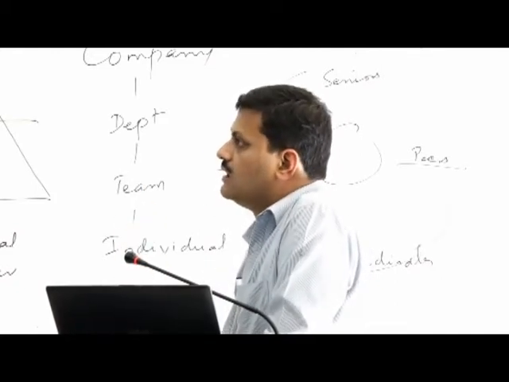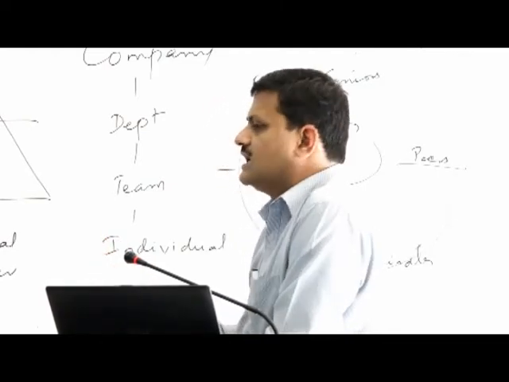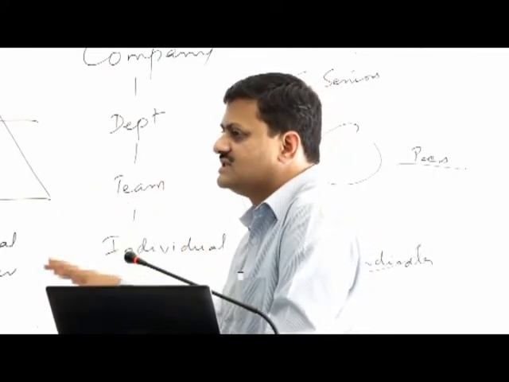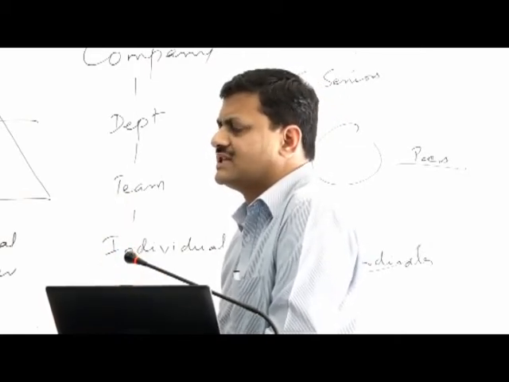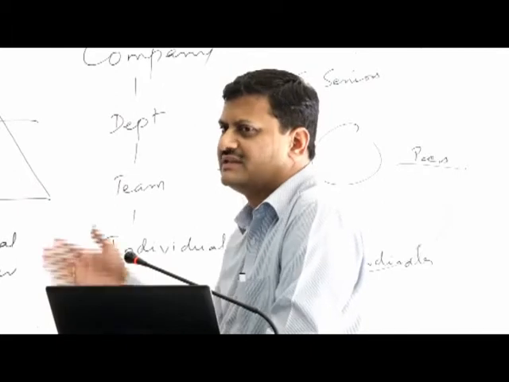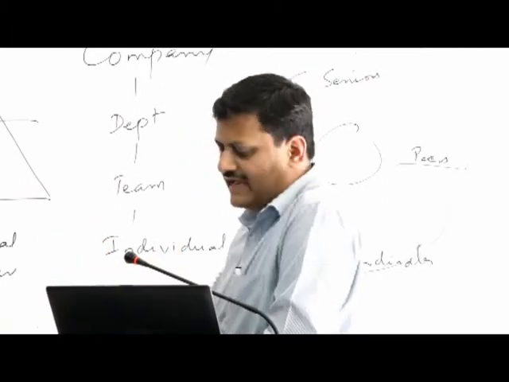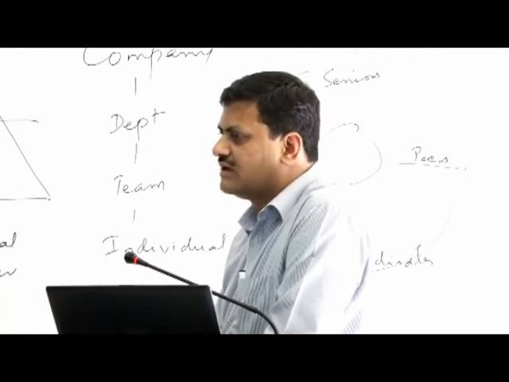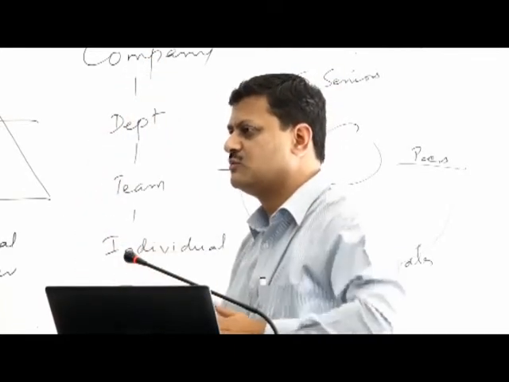Divisional structure. Let's take the example of Tata. Tata has many businesses running. I think till a few years back they were running 85 businesses, and now they have reduced to 60 or so. But can they form a functional structure? Can the entire Tata Group have one good finance group?